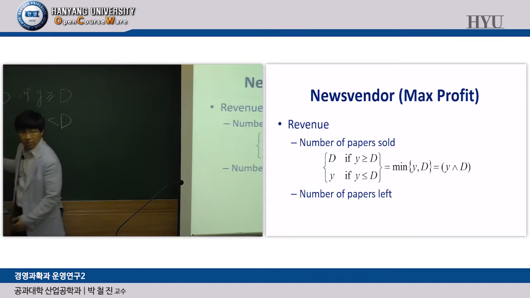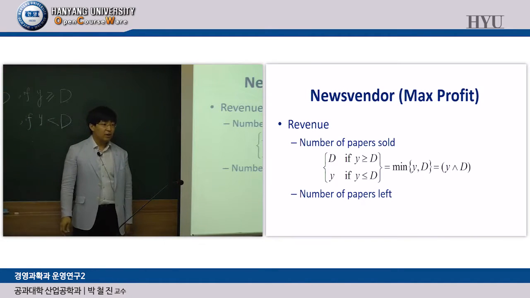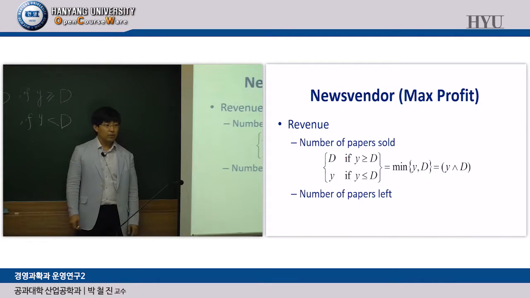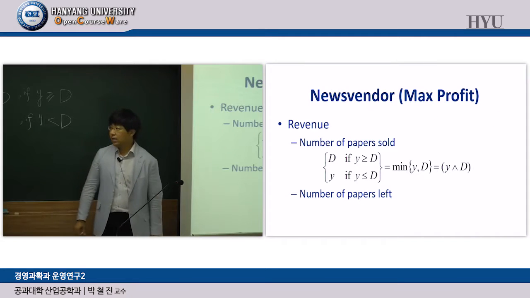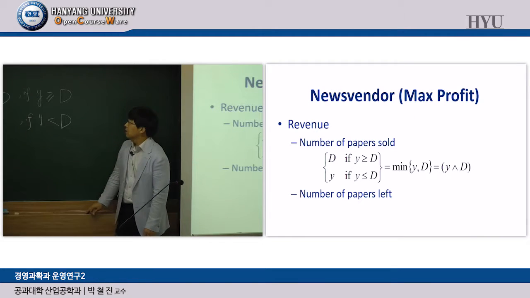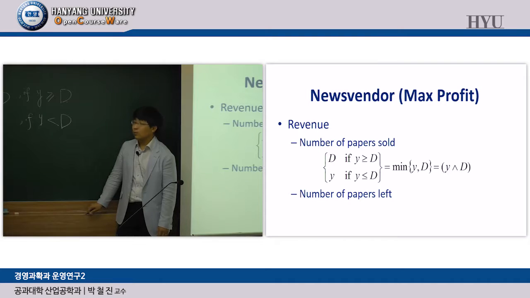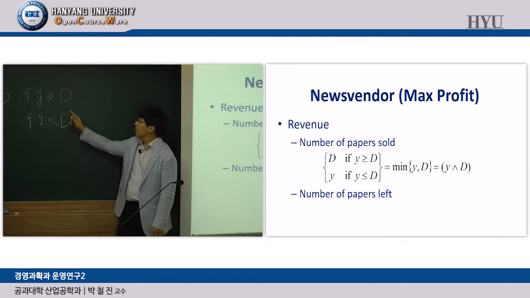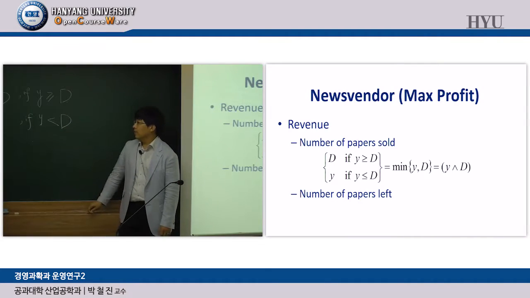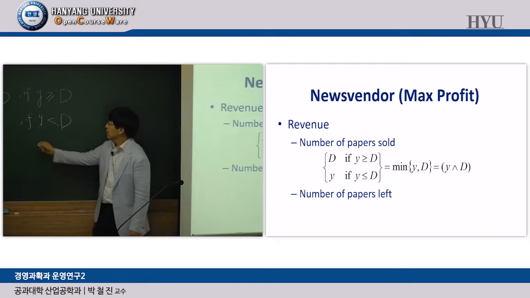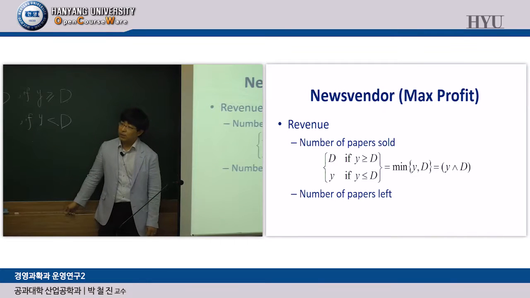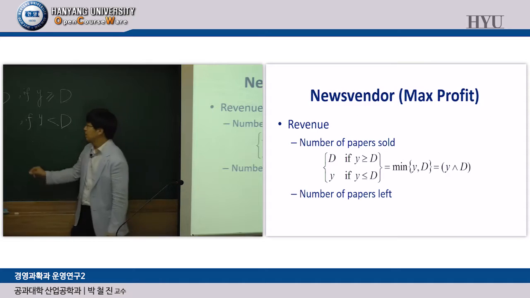Since we just sell D newspapers, but we have Y newspapers, so Y minus D should be the number of leftover newspapers. How about the different case? If Y is less than D, then leftover is 0.